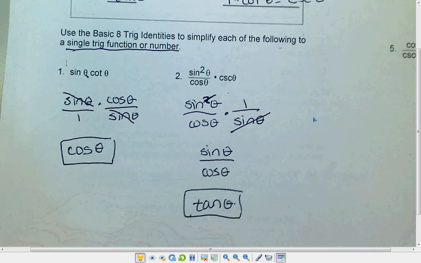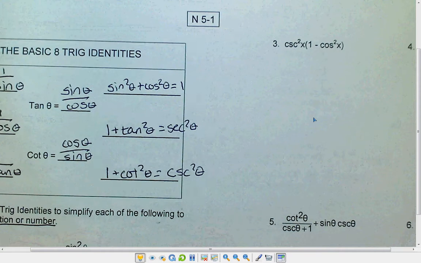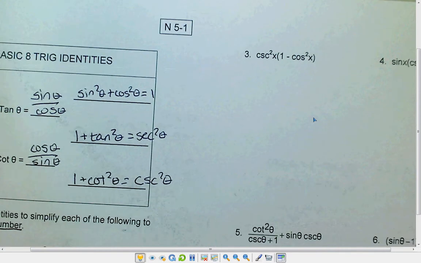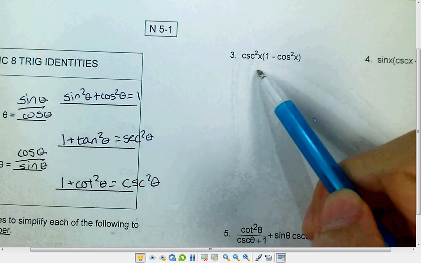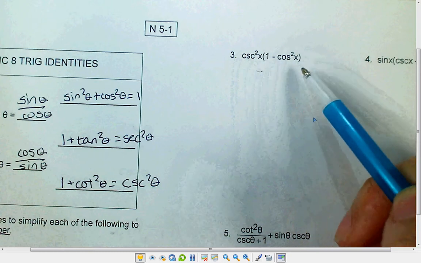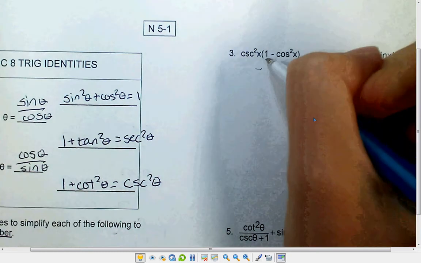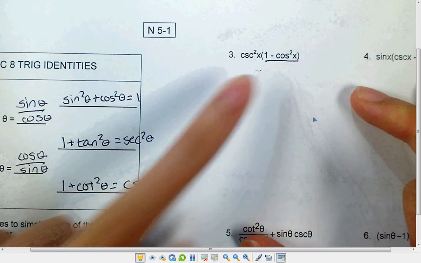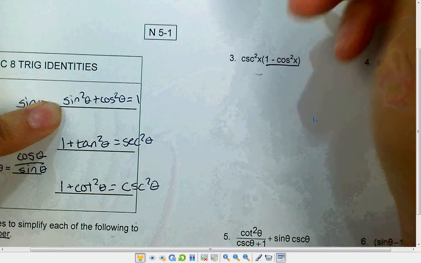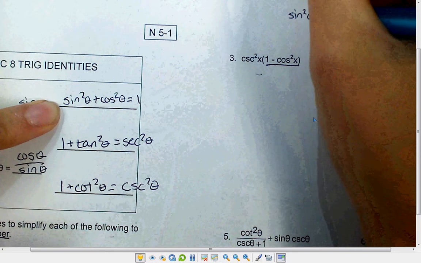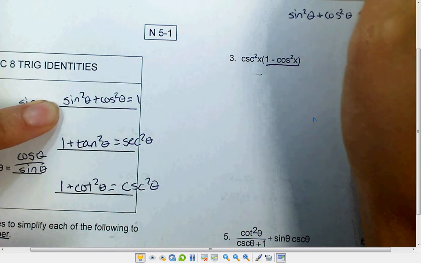Okay. Let's go on to number 3. So for this one, we have cosecant squared times 1 minus cosine squared. So when I'm looking at this 1 minus cosine squared, this reminds me of one of my Pythagorean identities, this one right here. So I know that sine squared plus cosine squared equals 1.